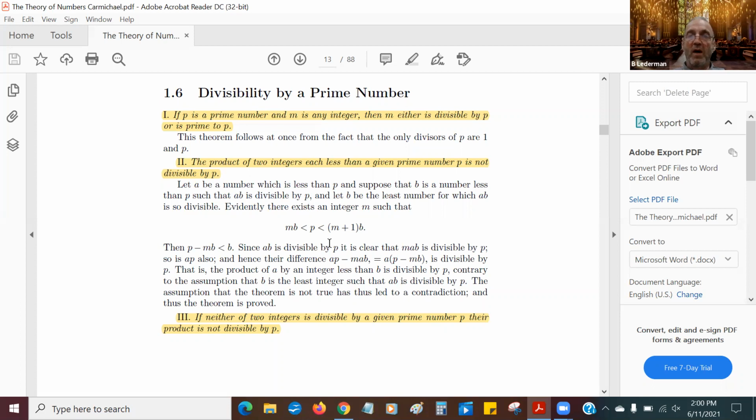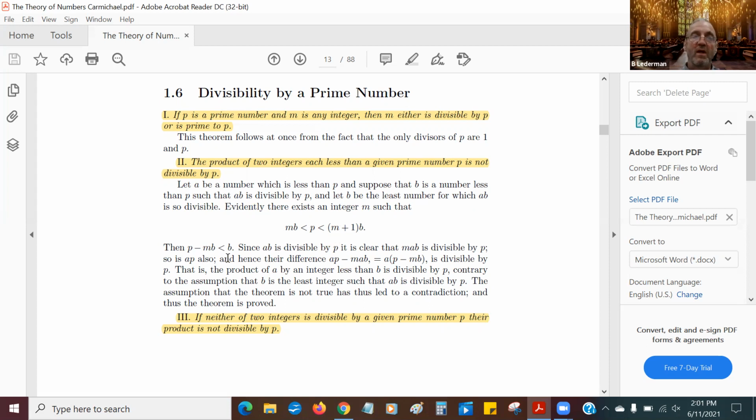This is a similar argument we saw before. Now, going from this compound inequality, I'm going to subtract mb from each side. Subtracting it from here, I get 0. Subtracting it from here, I get p minus mb. And from here, I just get b. So I have here p minus mb is less than b.